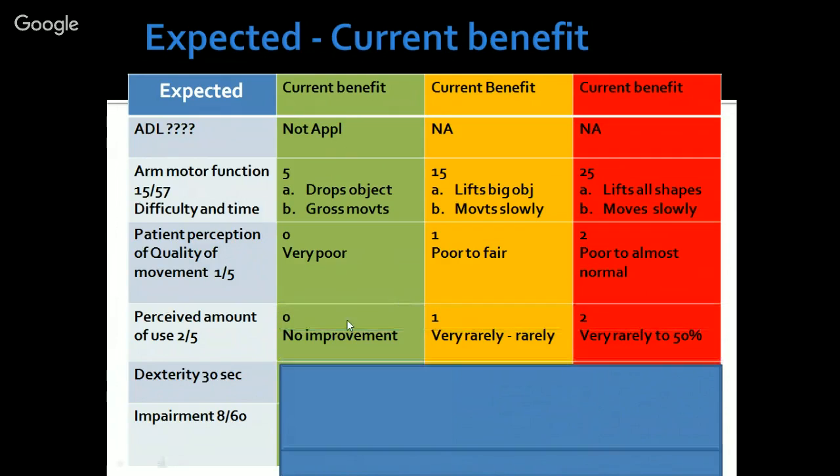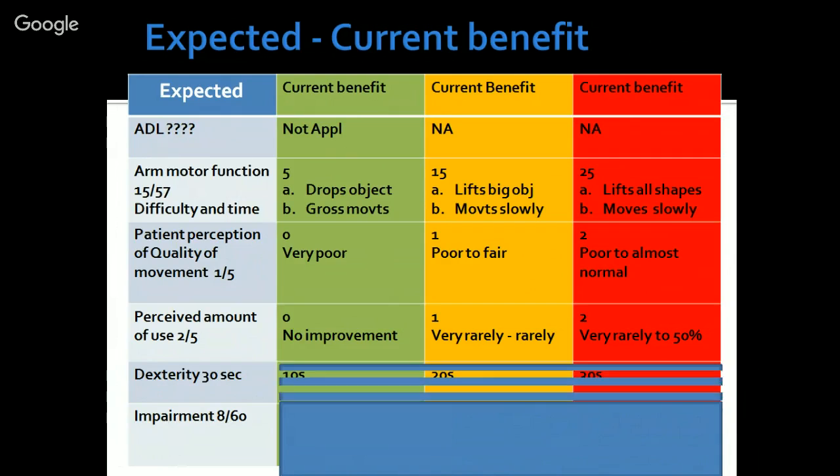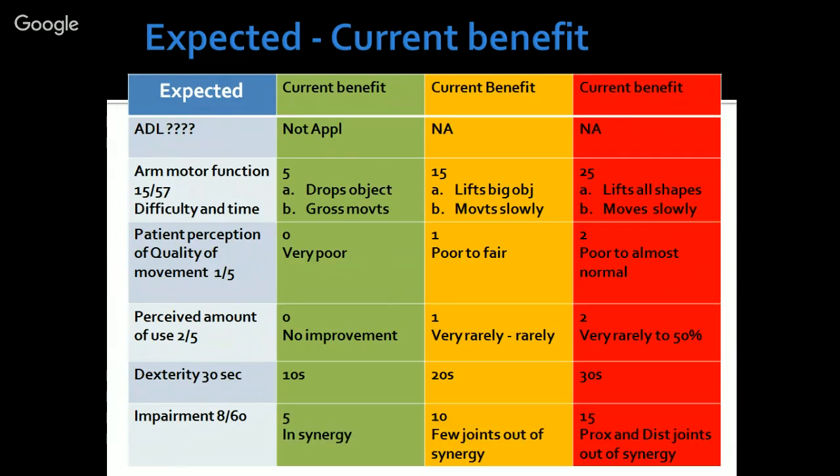Perceived arm use, on a similar note: for patients who are not getting an improvement or not using the arm at all, you can apply CIMT. And people who have started using it more after your intervention, you can really not think of CIMT. And in dexterity and in impairment, these are the changes. If your level of improvement is beyond this level, you don't apply it.